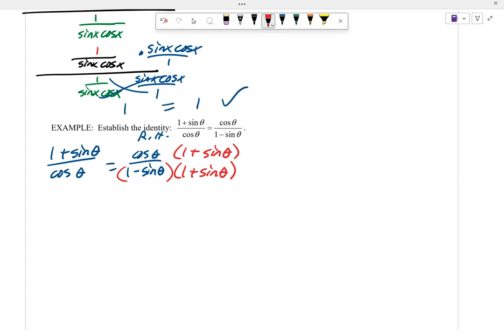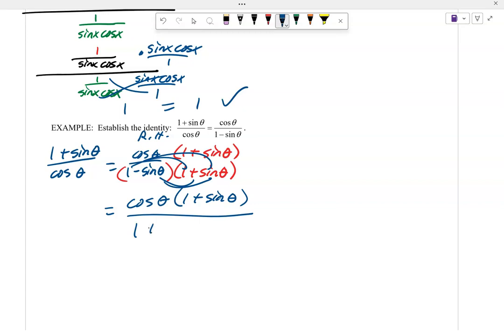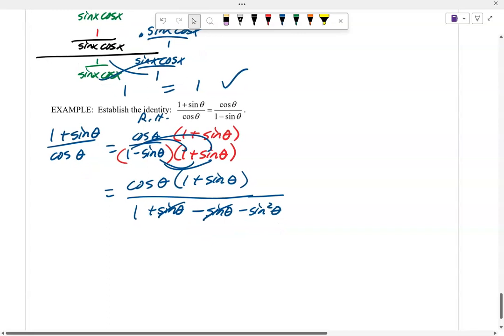And this time we're working with the right-hand side. And we're trying to show that the right-hand side, so only work with the right-hand side, is equal to the left. Okay. Now when I FOIL this, I'll have 1 plus sine minus sine squared. Notice those are gone. So I have 1 minus sine squared.